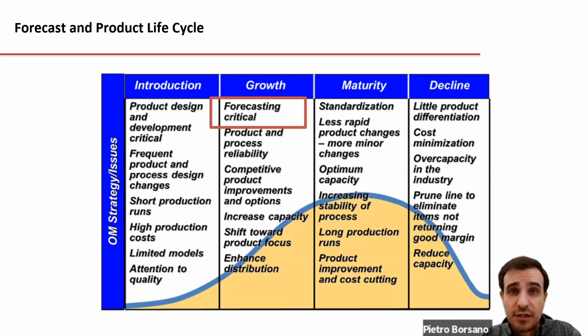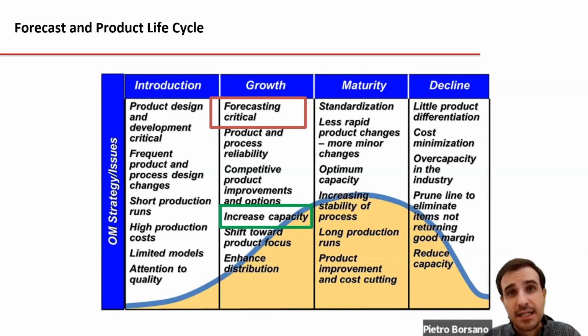During this stage, we also know who our customers are. We have a very clear idea because we already validated our innovation. So we know our customers, and we know how many of them are ready to buy our products. As you can see, forecasting is deeply linked to our capacity, and it is essential because we are increasing the capacity.